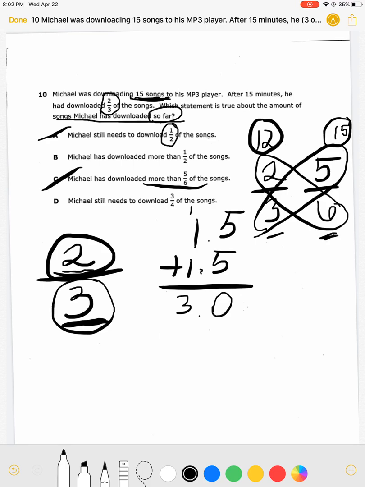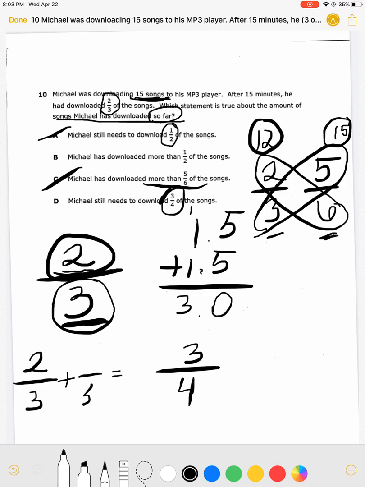Michael still needs to download 3/4 of the songs. So 3/4, I know that 3 is just 1 away from 4. Those are very close amounts. So this is almost equal to 1 whole. It's very close to 1 whole. But 2/3 is also close to 1 whole. And how many more thirds does he need to get to 3/3?